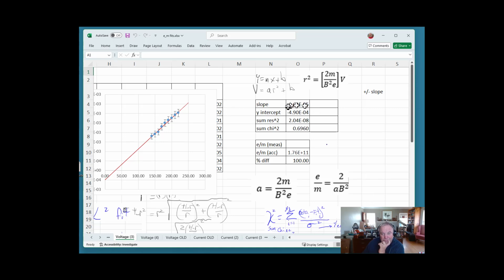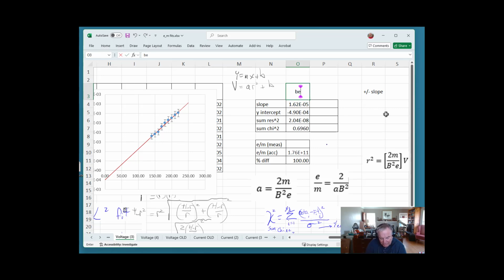Now we want to get the plus minus slope. So let's call this the best fit. And we'll call this one of the extremes.